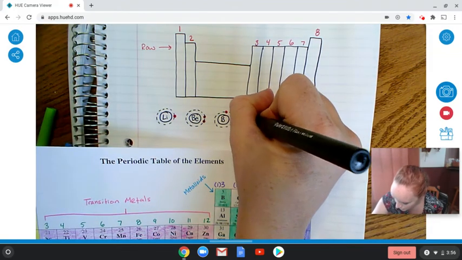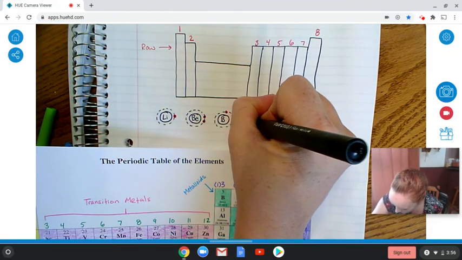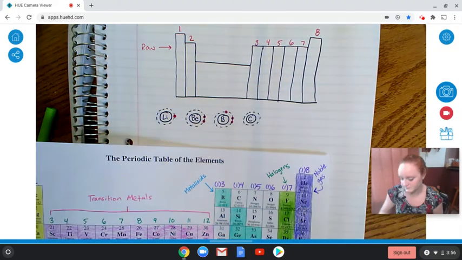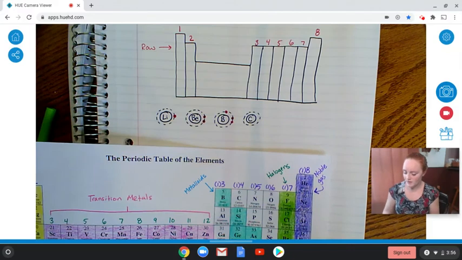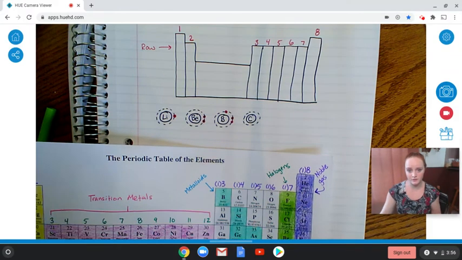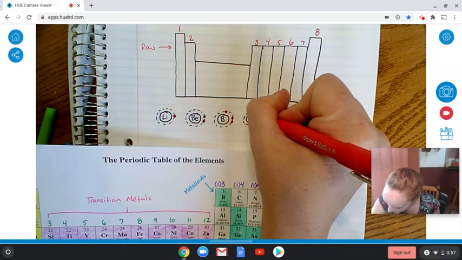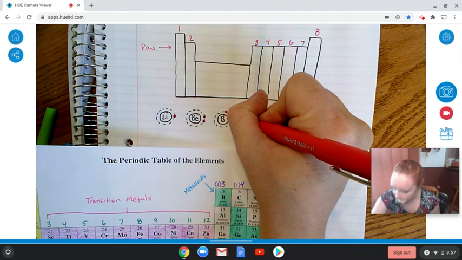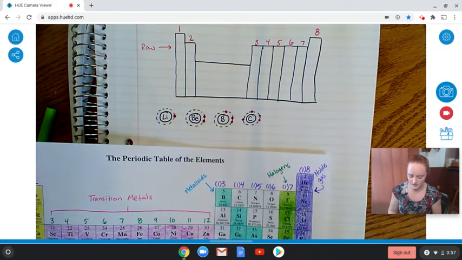Then we go to carbon. Carbon has 6 protons, therefore 6 electrons. 2 are in the first shell, 4 are in the valence shell. So carbon has 4 in the valence shell.